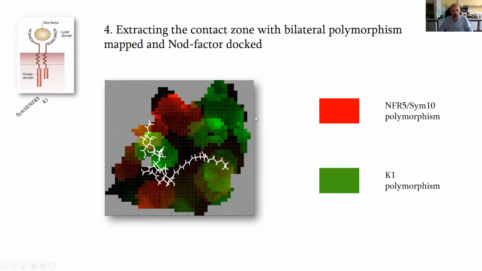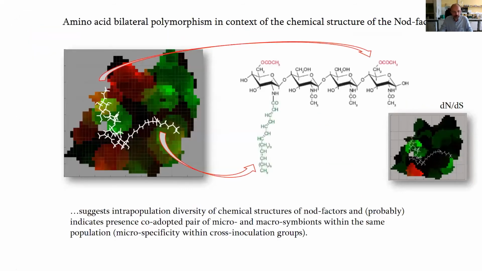It's a bilateral polymorphism, and with red you can see polymorphic sites originated from NFR5 SYM10, and with green from the K1 part of this receptor. It is very interesting because we can see how polymorphic zones are distributed in the context of Nod factor chemical structure.